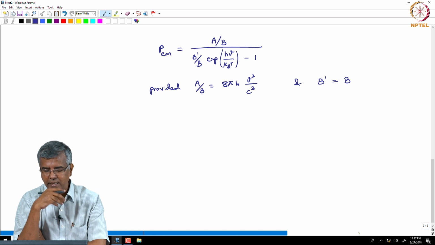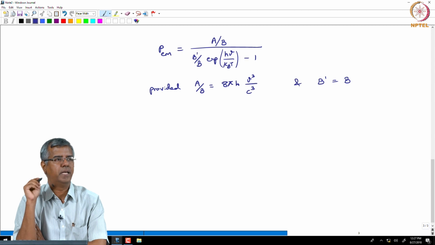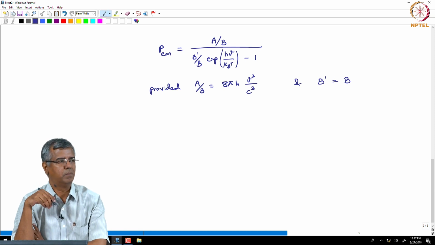So, the only thing that Einstein is adding here over what Planck was observing is that Planck was observing only radiation as spontaneously emitted radiation, whereas now Einstein observed that there could actually be stimulated emission as well, okay.